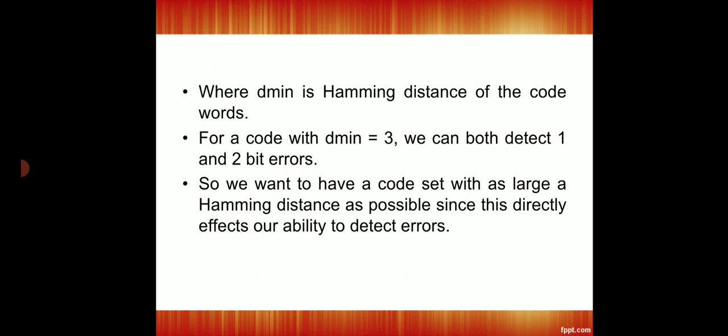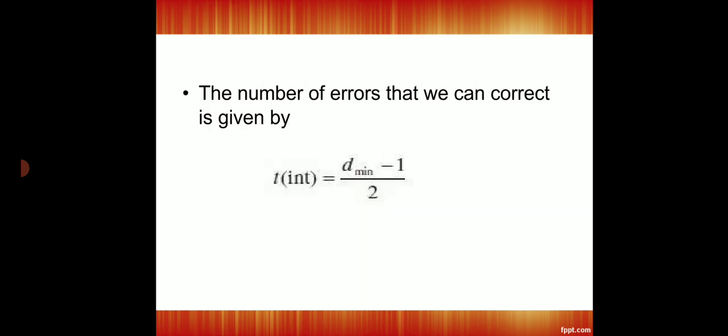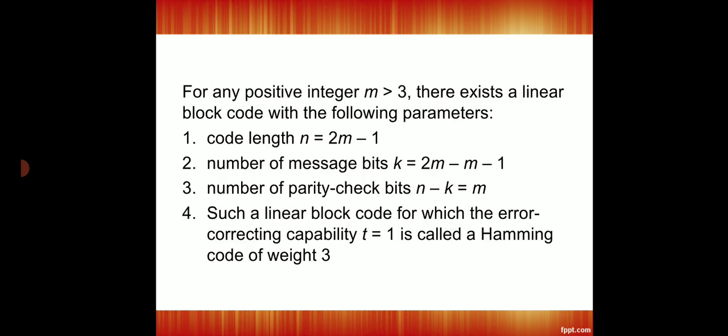For a code with d minimum equal to 3, we can detect both 1 and 2 bit errors, but we have to code the set with a large Hamming distance. The number of errors that we can correct is d minimum minus 1, divided by 2.